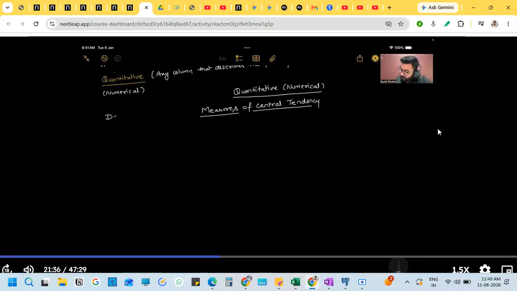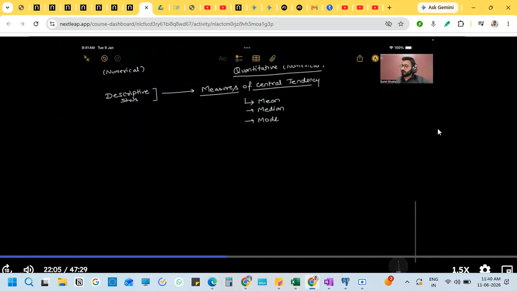When we talk about descriptive stats as a whole, measures of central tendency is one bucket of metrics. Measures of central tendency will have 3 metrics: mean, median, and mode.